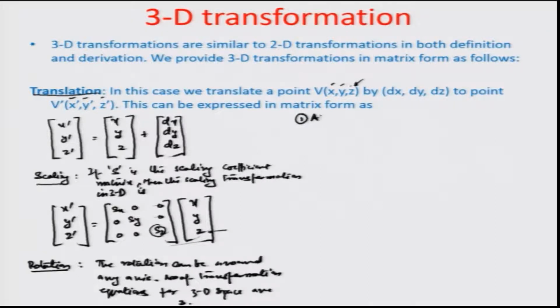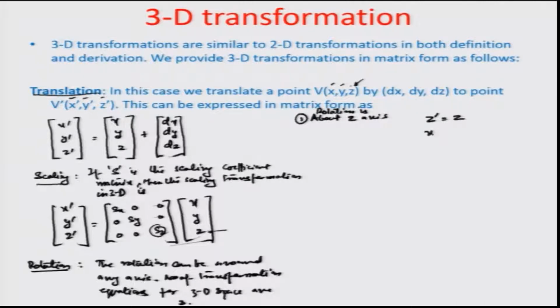So, let us say when the rotation is about the z axis, the equations which will emerge are that the z coordinate does not change. So, we write z prime as z, z prime being the coordinate after the rotation is executed.